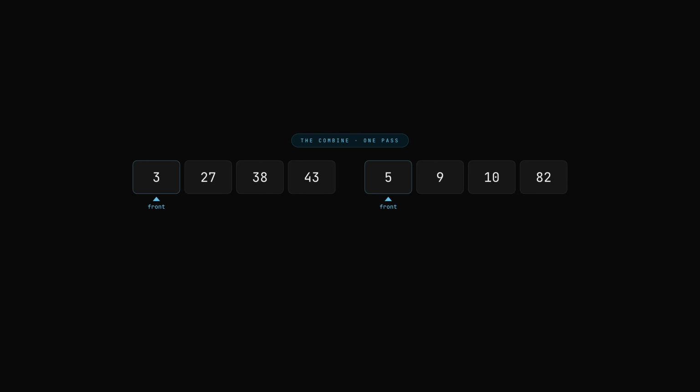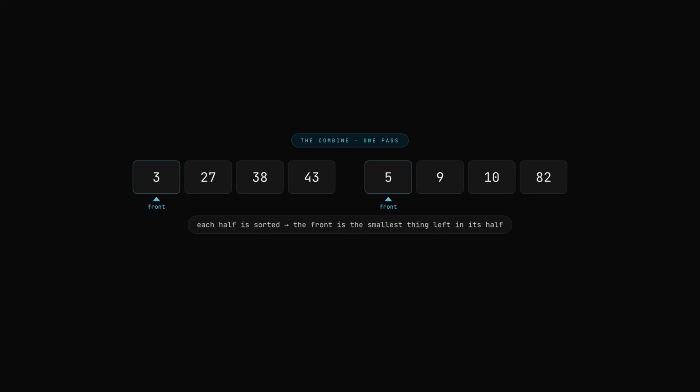Here are 2 sorted halves, 3, 27, 38, 43, and 5, 9, 10, 82. Put a pointer on the front of each. Lesson 7 taught the question to ask, is there a reason a pointer never needs to go back? Here's the reason.